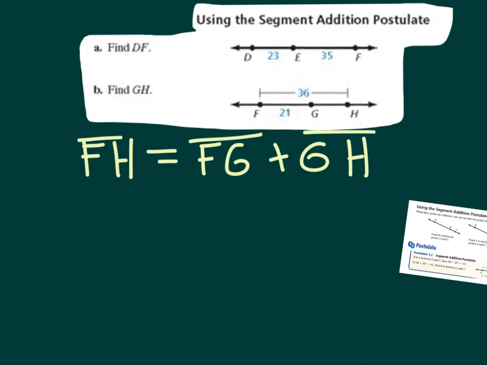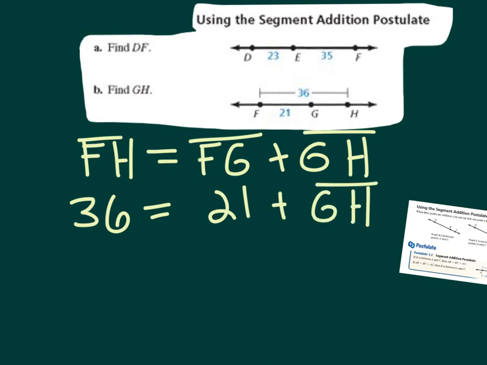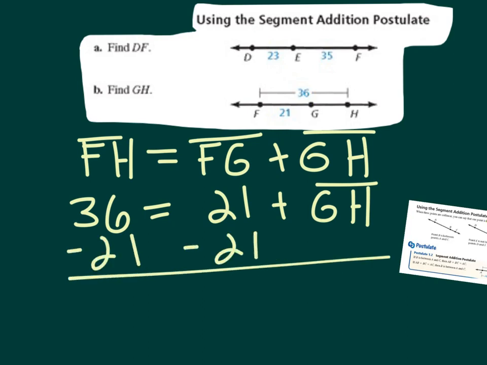Well, we know that FH is 36. I know that FG is 21. But I don't know what GH is. So if you think about it, all you have to do is subtract 21 from both sides. So 36 minus 21 is 15. So we can see that GH equals 15.